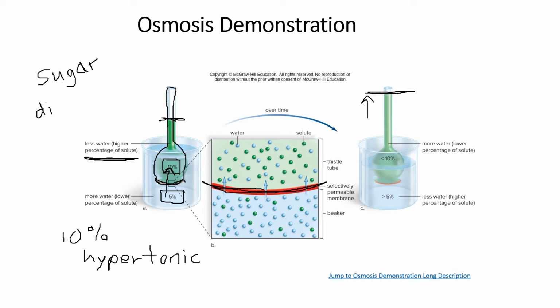So hypertonic is more concentrated. That tonicity, it doesn't literally mean this, but I think of it as strength or concentration. So a hypertonic solution is more concentrated. And hyper does literally mean more or higher.